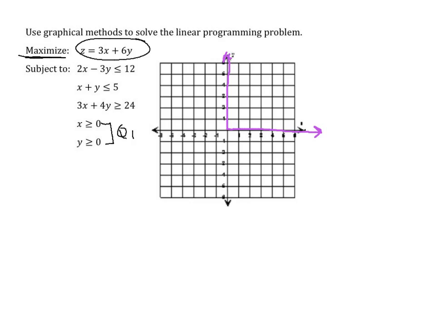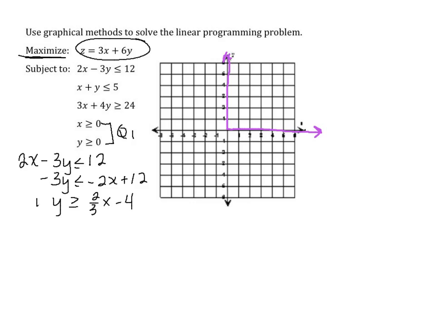So let's look at 2x minus 3y is less than or equal to 12. So negative 3y is less than or equal to negative 2x plus 12. If we divide by negative 3, we are dividing by a negative, so we have to switch our sign.